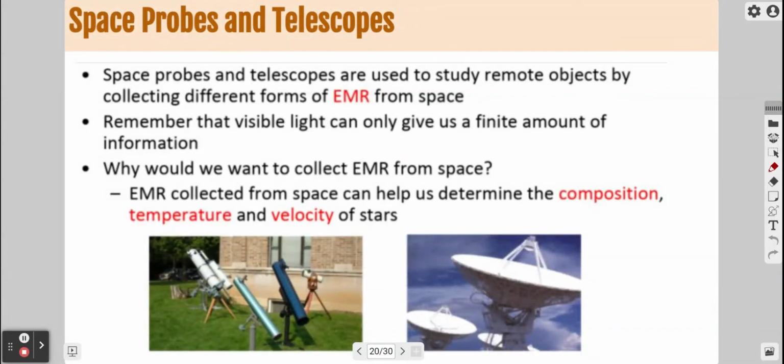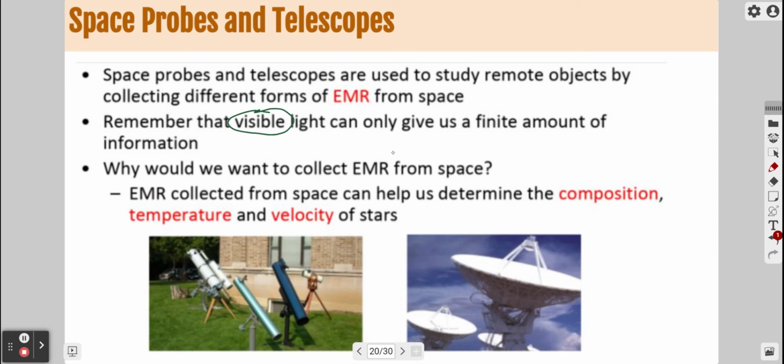Alrighty, moving on. So this section now starts getting into space probes, telescopes, looking at EMR that's coming from space and ways that we can collect it and what we can figure out, and why would we even want to collect those. So we have all probably looked through a telescope to see visible light and looked at the moon or a star through a telescope, but you can only get a limited amount of information with visible light.